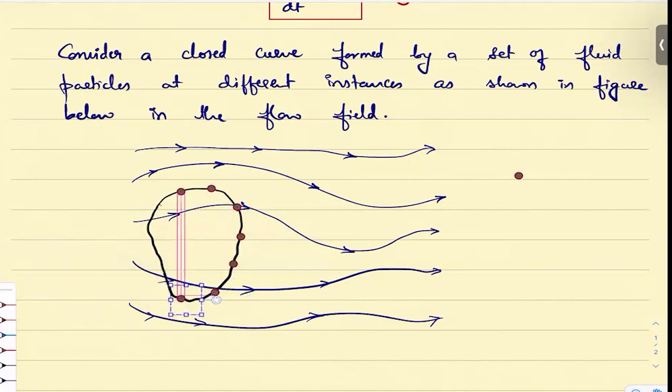It is one of the most interesting chapters of the entire aerospace or aeronautical engineering. Hope you have taken such particles like this. Let the closed curve be C1. First, everybody finish this. This was at t equal to 0.